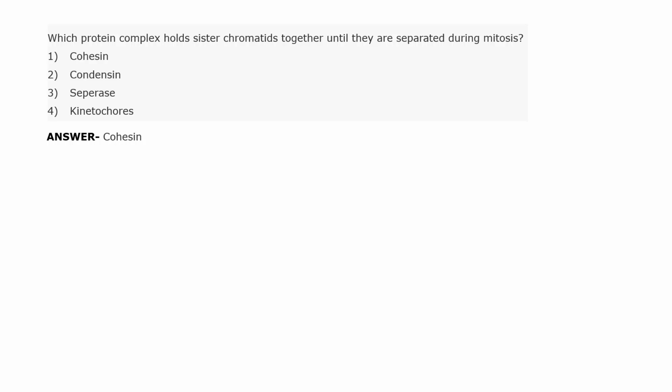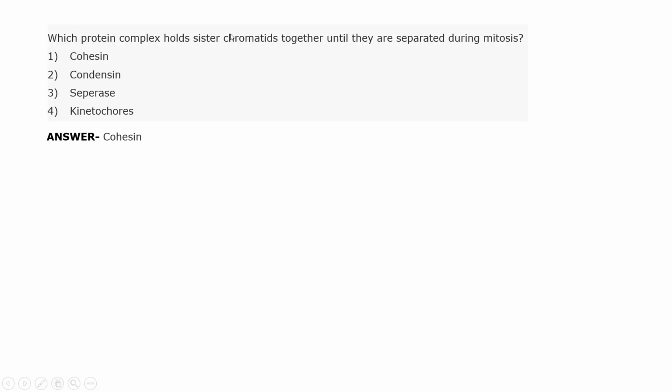Once the spindle forms, metaphase is initiated, then anaphase, where the sister chromatids move to different poles, and afterwards telophase happens. Once telophase is completed, cytokinesis happens and two new cells are formed from one parent cell by a process called mitosis.